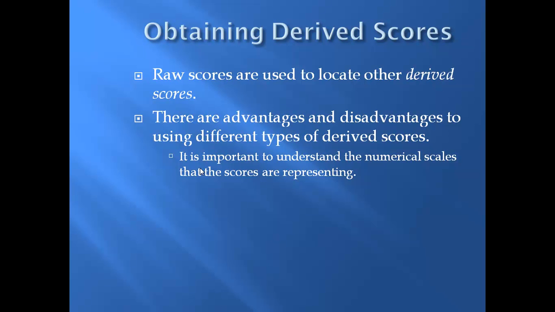Now, the derived scores. Derived scores are those scores that we've manipulated. They started out as raw scores, but raw scores are then transformed through standard deviations and other types of formulas into derived scores. And that standard deviation, what we call the SD or the alpha, that's a derived score. Then we have advantages and disadvantages to using different types of scores.